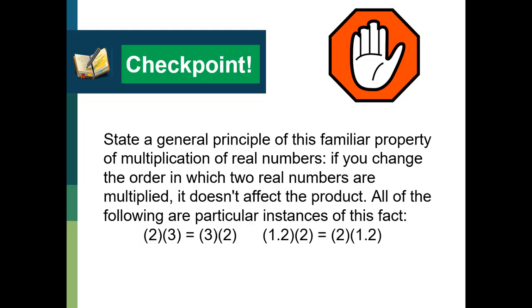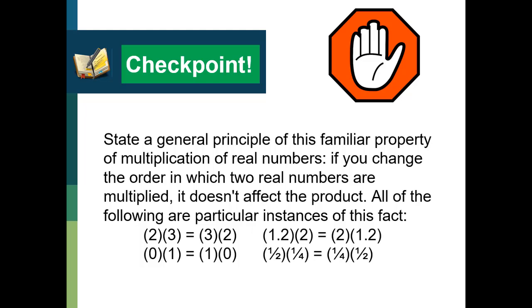Take note, parentheses in mathematics are sometimes used to denote multiplication. 1.2 times 2 is equal to 2 times 1.2. 0 times 1 is equal to 1 times 0. 1/2 times 1/4 is equal to 1/4 times 1/2.